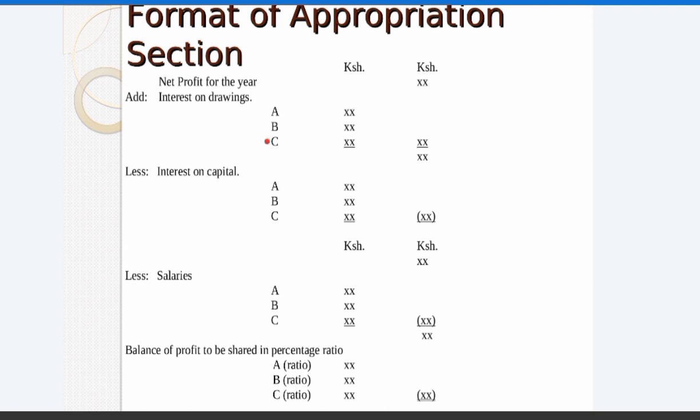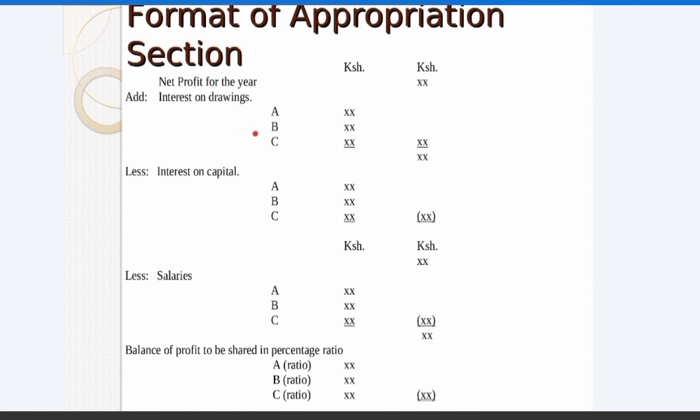So to that net profit, for a partnership, you will add any interest that the business receives from drawings. That is why we say add interest on drawings.